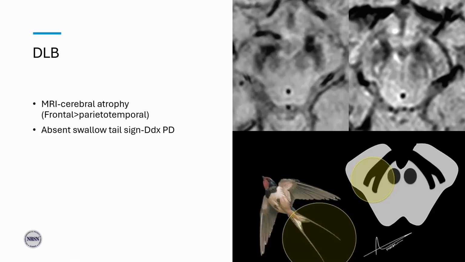It just tells us that there is absence of the swallow's tail sign, which is seen normally in a healthy, non-cognitively impaired patient. So this is one limb of the swallow tail, which is seen here. This is one limb, another limb. Then in between is the nigrosome 1. So absence of this swallow tail sign raises the suspicion of dementia with Lewy bodies on the background of Parkinson's symptoms and cognitive decline.